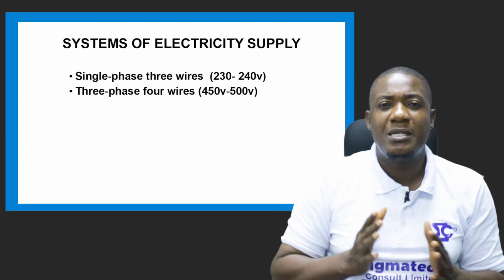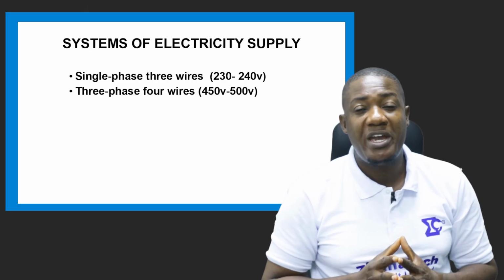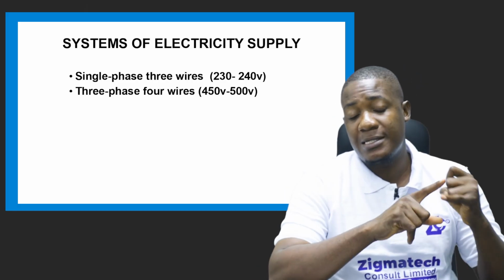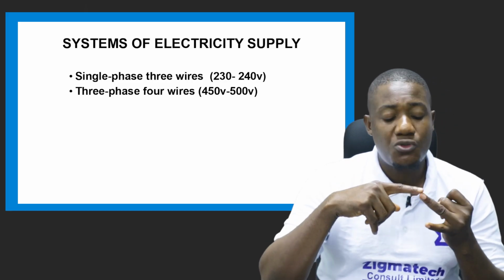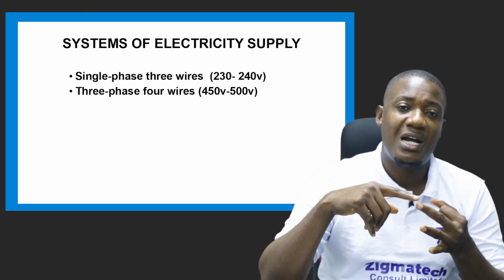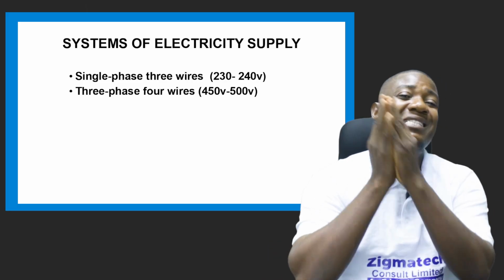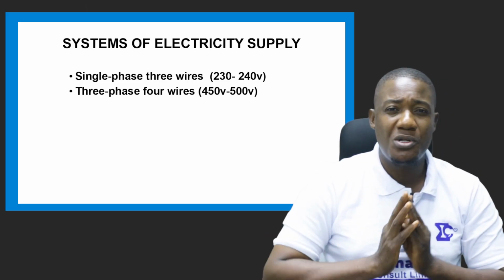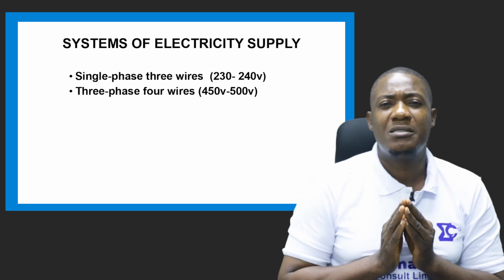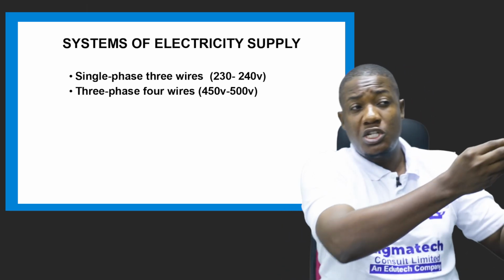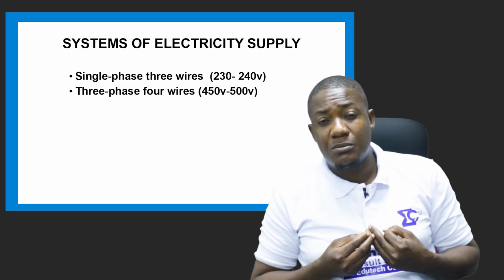And these three wires are the neutral, the earth, and the live wires. These are the three wires that enter your building from the service line.